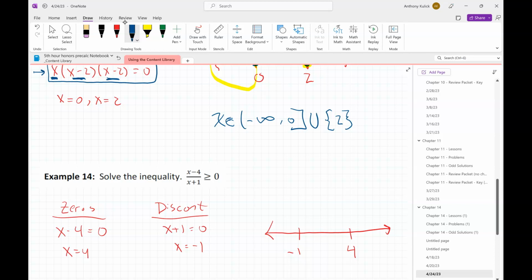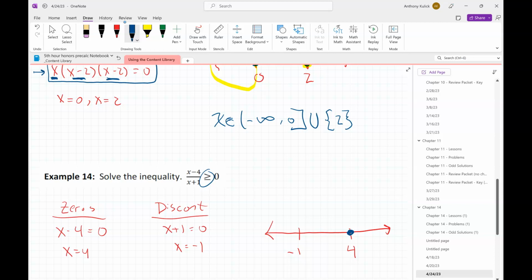Now let's fill in whether these should be open or closed. Should x equals 4 be open or closed? Closed. Why? Great. Should -1 be open or closed?